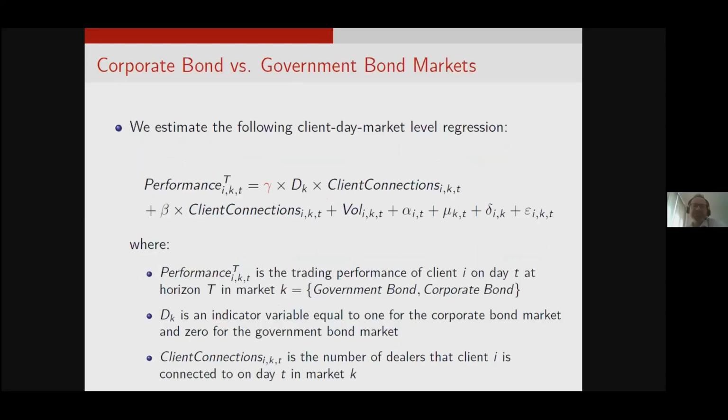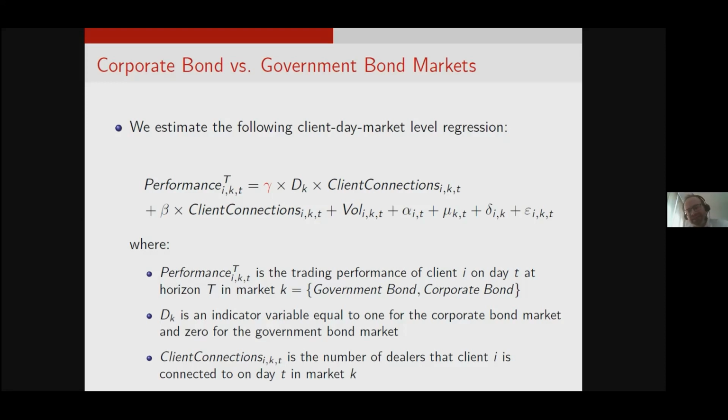Perhaps the most important result of the paper is related to this comparison between corporate and government bond markets. Comparing informed trading across markets is incredibly difficult because there's this huge selection issue. The very composition of clients participating in one market can be endogenous to how much profitability there is in that given market.